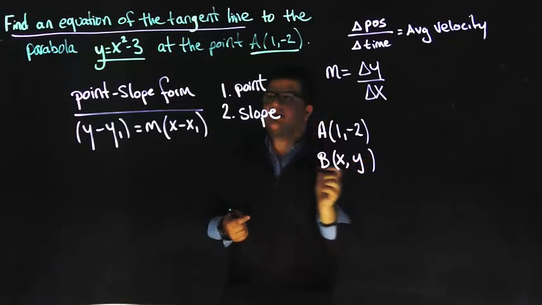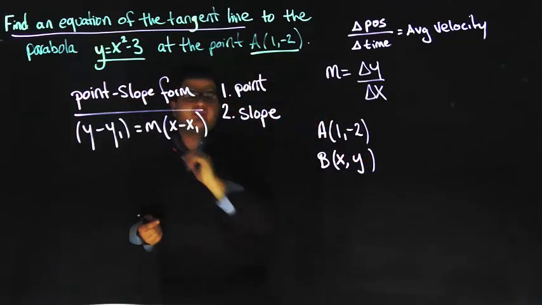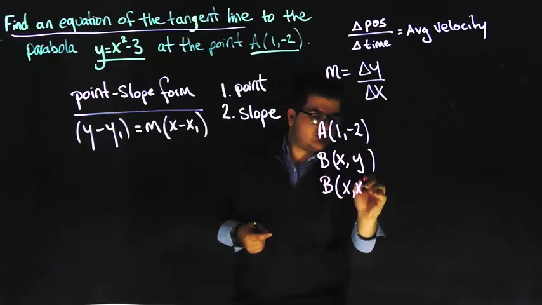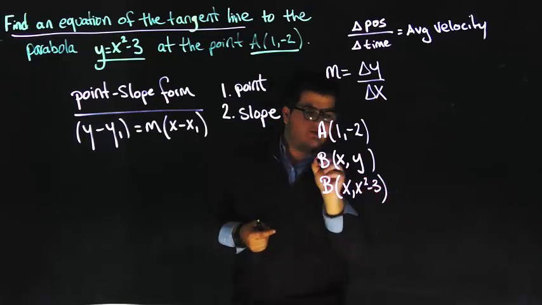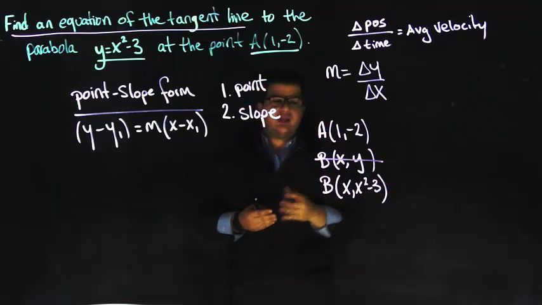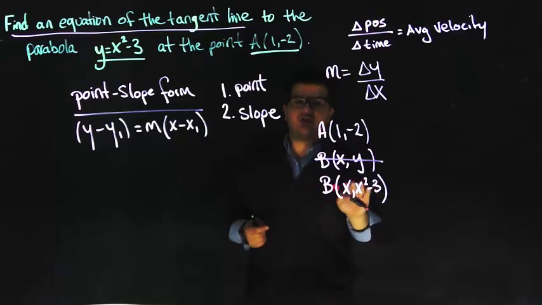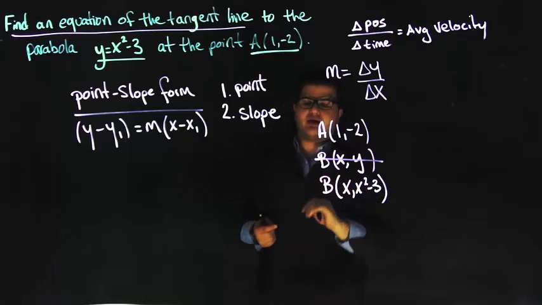Well, I know what y is here. y is defined as x squared minus 3. So I'm going to replace point B with (x, x squared minus 3). Now I have 2 points. This point is defined on my curve. This point generalizes every point on my graph.